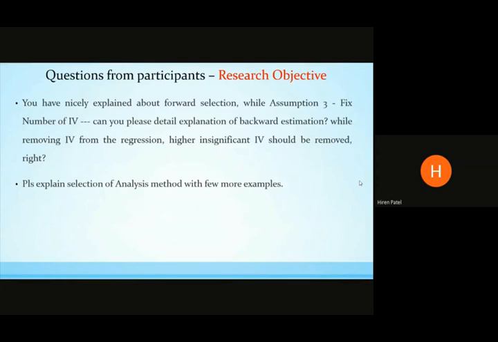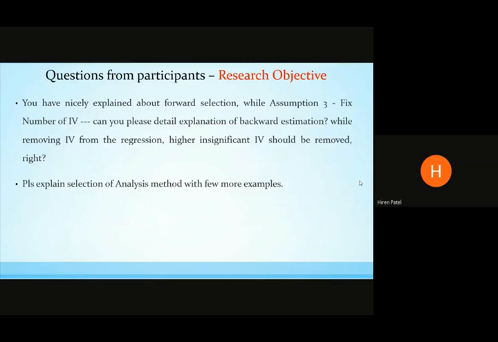Or we can go ahead with forward selection, wherein for every independent variable we first find the correlation with the dependent variable, and the one with the highest correlation is added first.